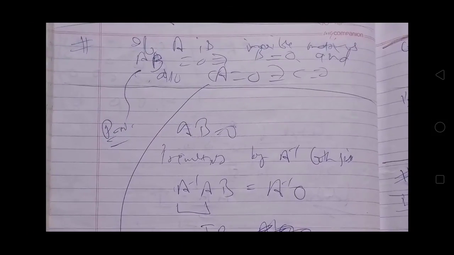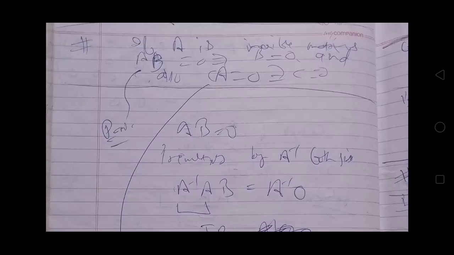Now see this note: if A is an invertible matrix and AB is equal to the null matrix, it implies that B is equal to the null matrix, and also CA is equal to 0 implies that C is equal to the 0 matrix. This is because A is an invertible matrix, which means that A is a non-singular matrix.